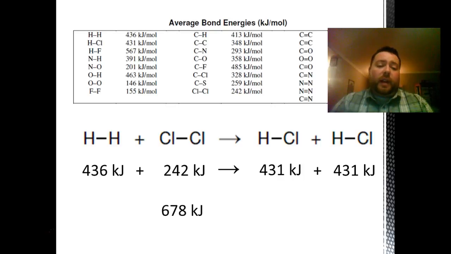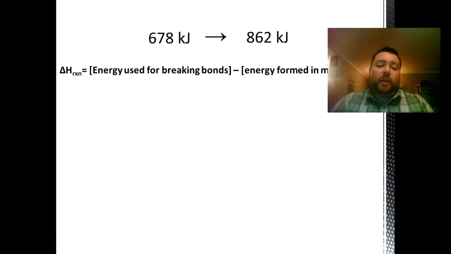Say that on our reactant side we have 678 kilojoules per mole, and on our product side we are releasing 862 kilojoules. Allowing us to plug this into our equation that's on your sheet.